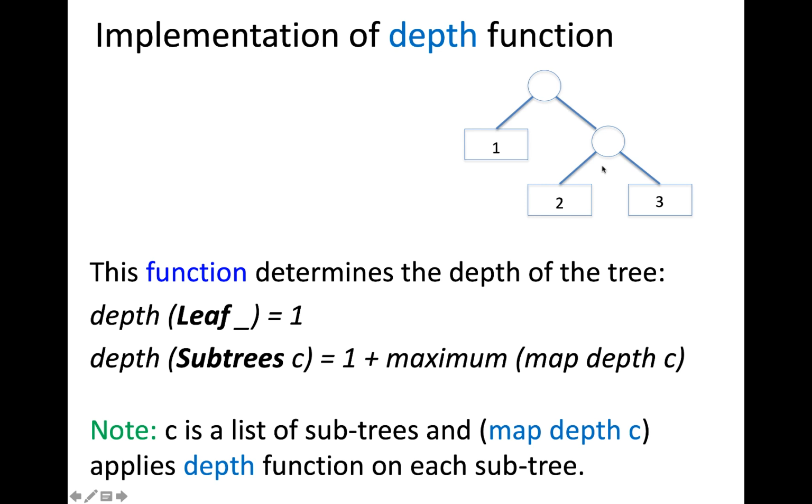And then this subtree depth here is actually 2, and then maximum of this subtree depth will be 2, and then we are going to add 1 with that, and that 1 stands for this node, right? And then the final answer, the depth of this whole tree will be 1, 2, 3.